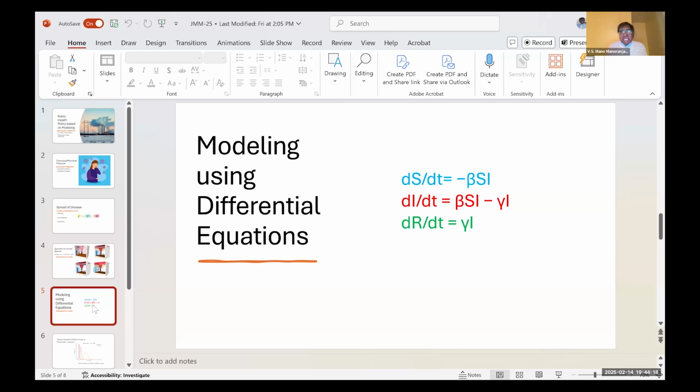I get di by ds equal to minus 1 plus gamma over beta times 1 over s. So that will be a simple differential equation. And then all you can do is integrate that equation. If you integrate that equation, you are going to get a nice description of I in terms of s.